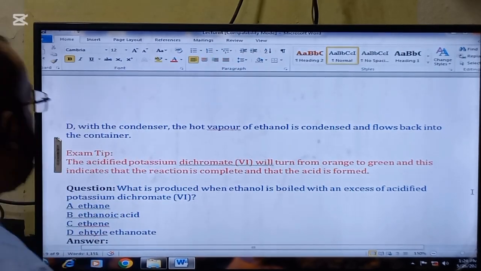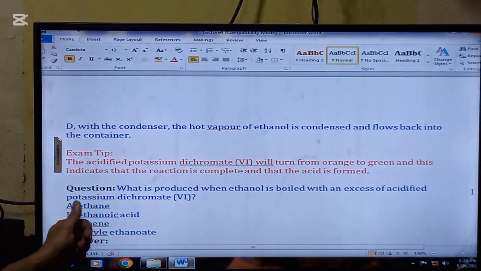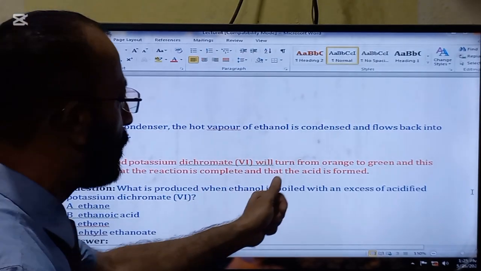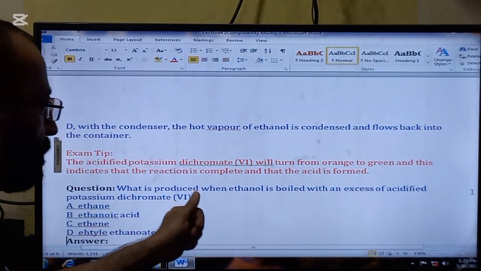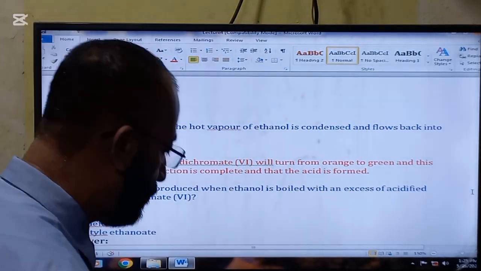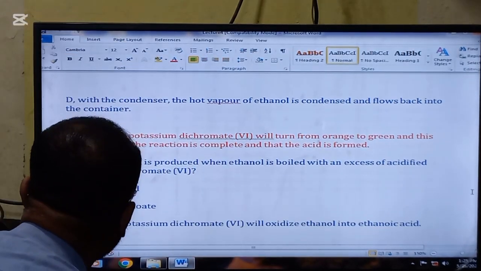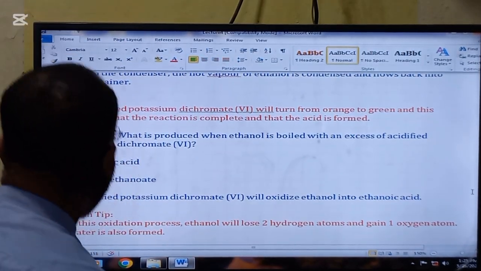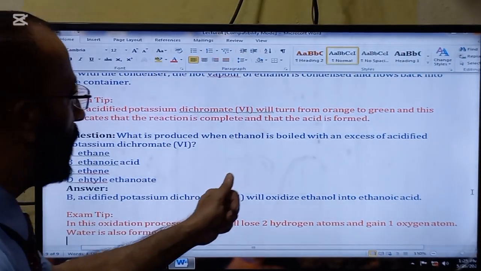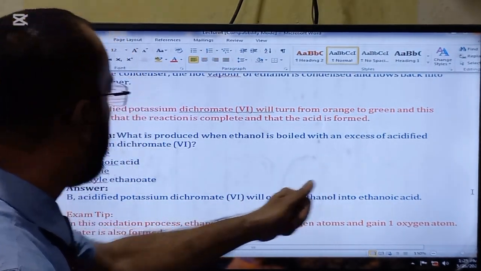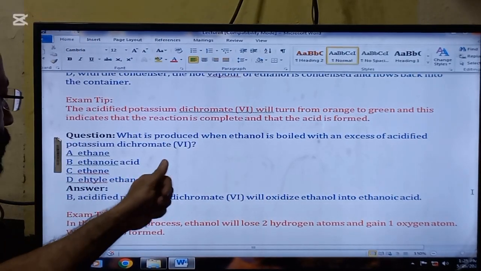Here is an exam tip for you students. The acidified potassium dichromate will turn from orange to green, and this indicates that the reaction is complete and that the acid is formed. Here is another question. What is produced when ethanol is boiled with an excess of the acidified potassium dichromate?